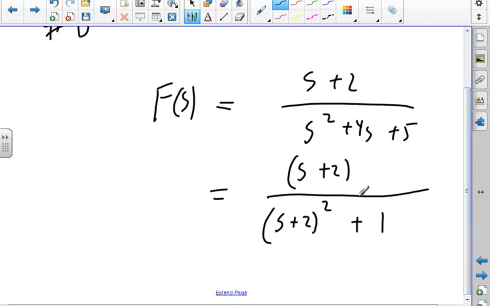Alright, so I completed the square, I ended up with that, and now I can use the translation theorem that says f of s minus a. So a is minus 2, and we just come up with f of t is equal to e to the minus 2t, and that would be a sine, right? Sine, or is it cosine? Cosine.